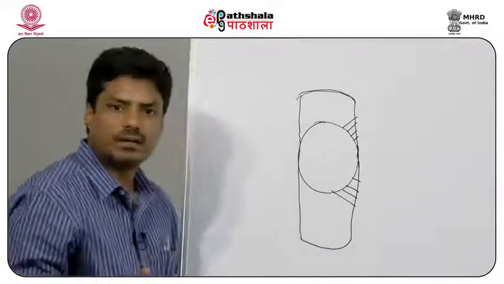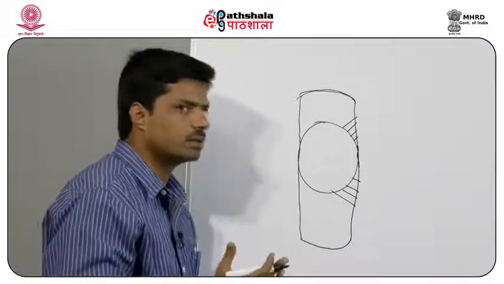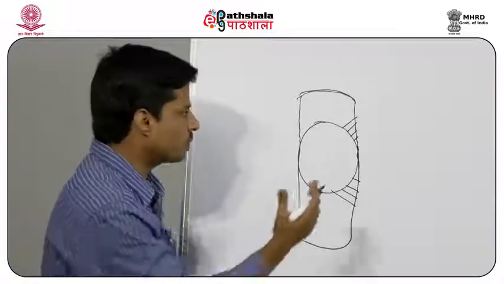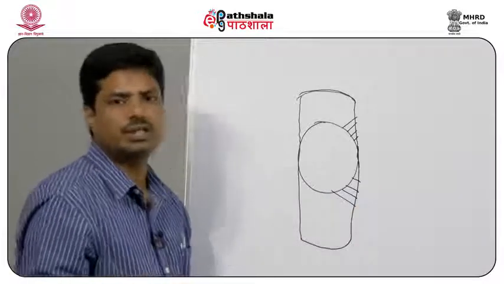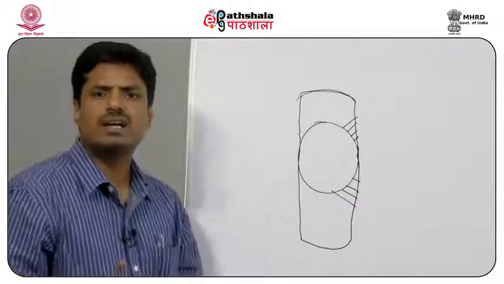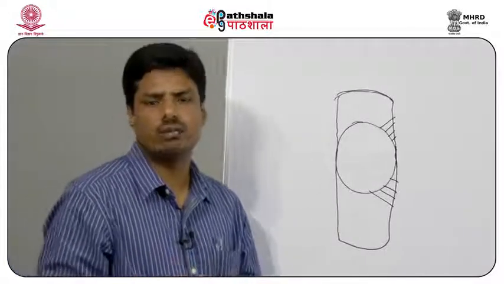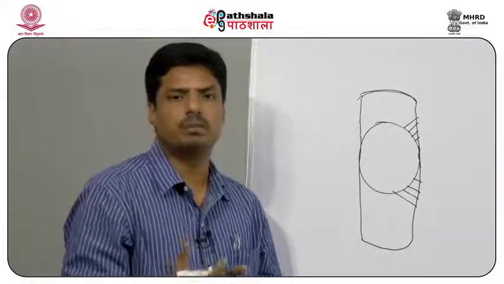If we want to construct this cylindrical projection on a map, suppose we open this cylinder, it will be just like a plain sheet. Cylindrical projection can be further divided into many subparts.